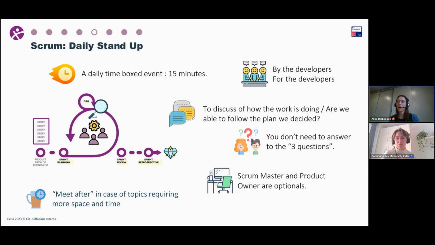But in fact, if you have a look at the Scrum Guide, there is no information like that in the Scrum Guide. The Scrum Guide is not telling you that you have to answer these three questions. Those questions are just here to help you have the discussion in the right direction. But in the end, you just need to discuss how the work is going and if you are able to follow the plan.